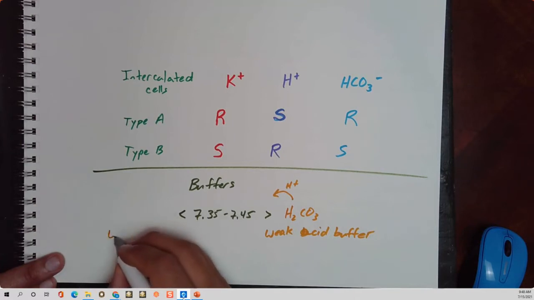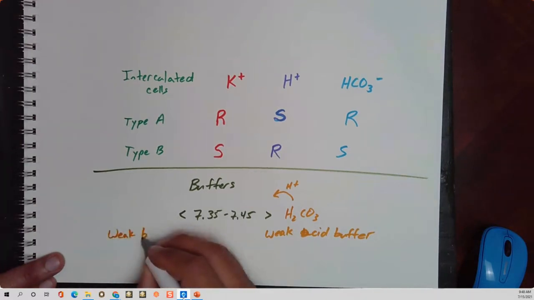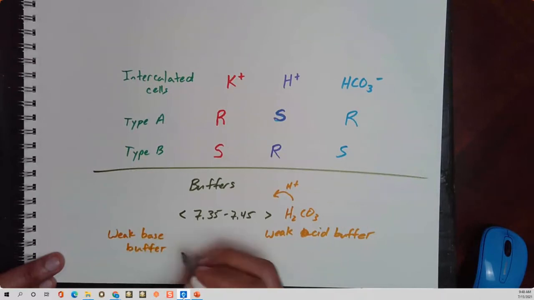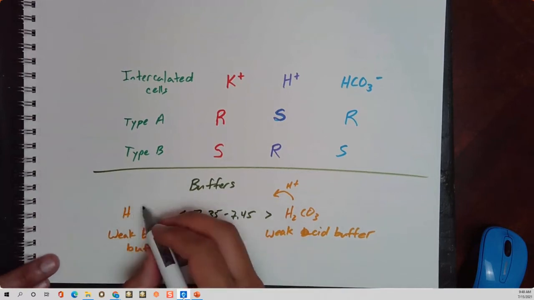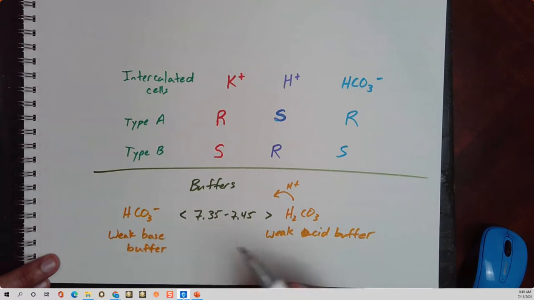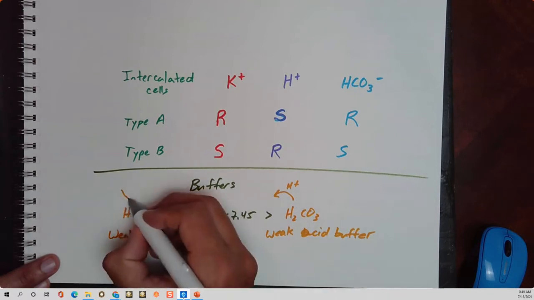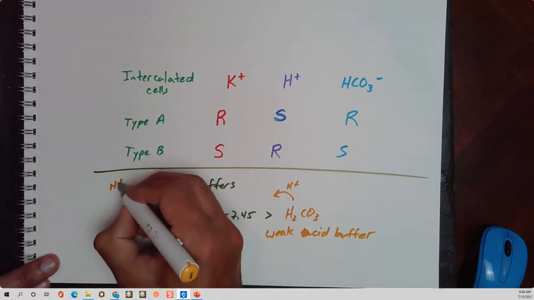So what we need is a weak base buffer. And what is the number one weak base buffer in the human body? Now we're talking about bicarb. And that's now going to pick up that extra hydrogen, right?